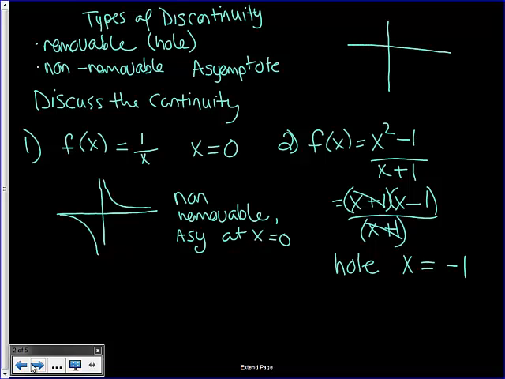And then what's left? Well, what's left is just x minus 1. So I'm going to draw the line of x minus 1. Let's see if I can make a neater graph than that. If it's x minus 1, my y-intercept is down here at negative 1.